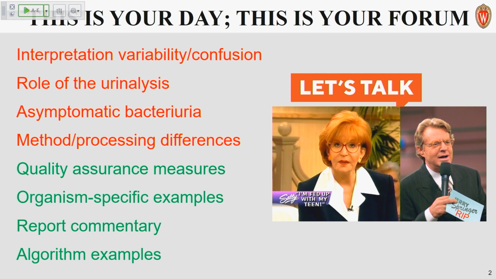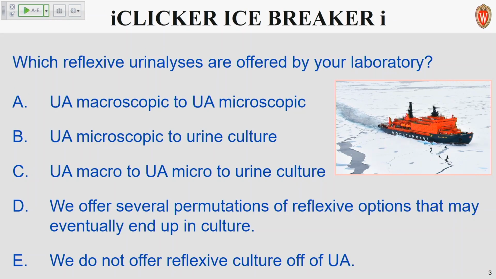The items in red are the bad news, quote unquote, or the confusing aspects of urine culture. Toward the end, Heather and I are going to talk about some more positive ways that your laboratory can benefit from really thinking about your urine culture algorithm. Those are in green. All right, go ahead, Heather.